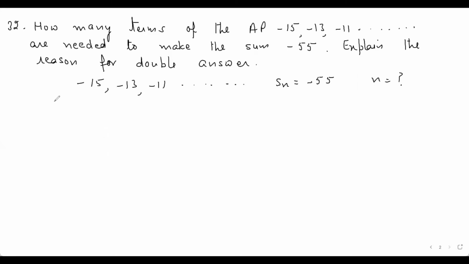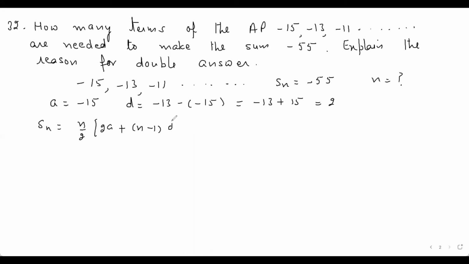Now here a is equal to minus 15, d is equal to minus 13 minus (minus 15), that is equal to minus 13 plus 15, that is equal to 2. Now write the formula for Sn. That is n by 2 into (2a plus (n minus 1)d). Substitute the values.